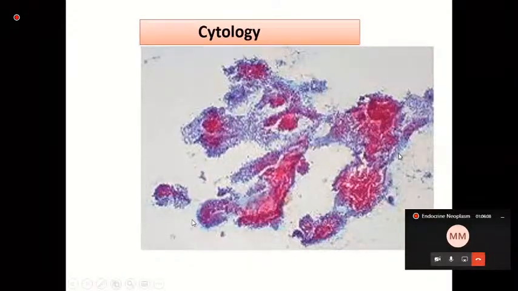The arrow indicates what? The shape, what do you think the shape is? Irregular. Yeah, irregular, like finger-like processes, right? Okay.